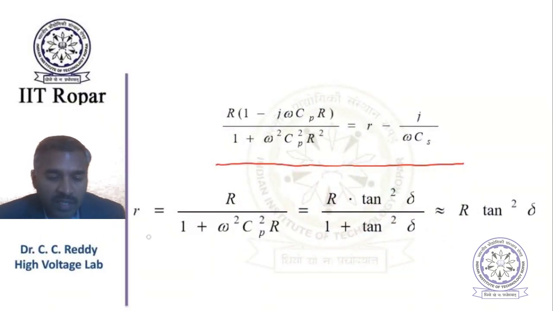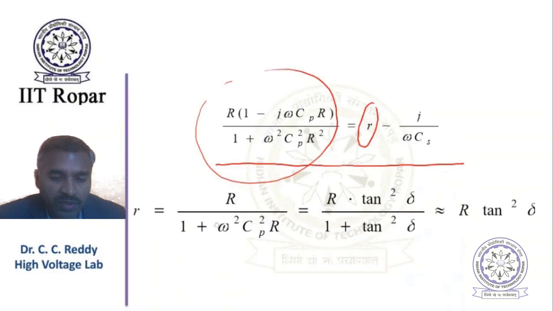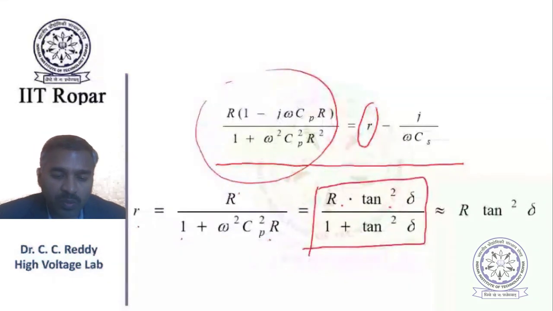Then the real part of the resistance this side is equal to the real part of the resistance this side. So which is equal to r equals R by 1 plus omega square Cp square R square. Now in terms of tan delta, you can write R into tan square delta by 1 plus tan square delta. Now tan delta itself is 0.001, just now we have seen.